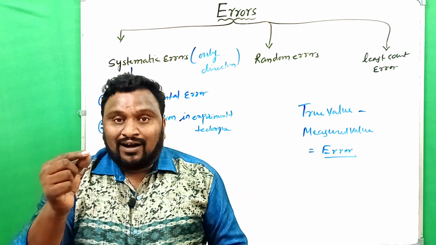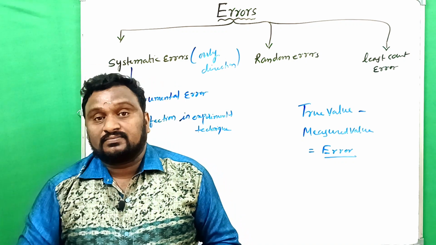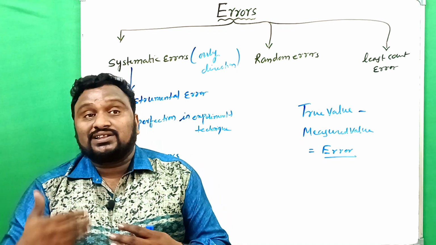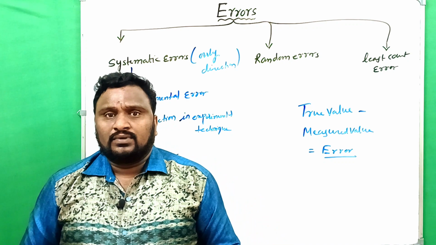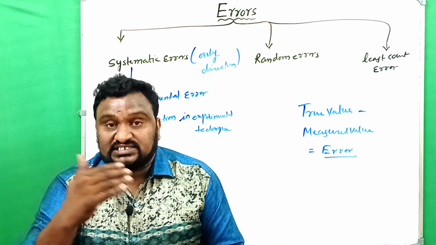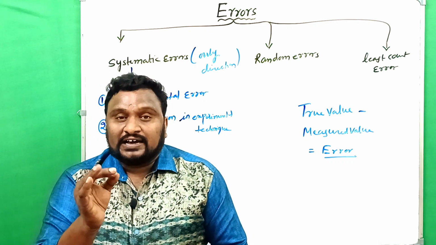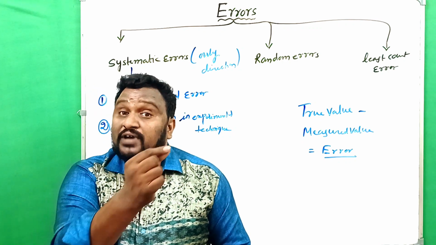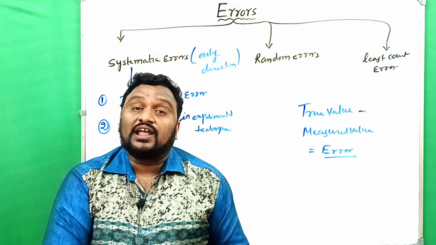Already there is some defect from manufacturing, so while using that device in the laboratory, obviously we get the error. These are called instrumental errors. The errors which arise due to manufacturer defects are called instrumental errors.